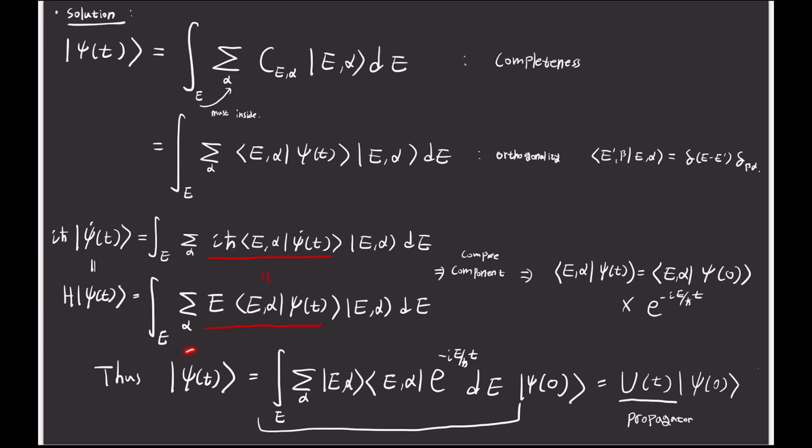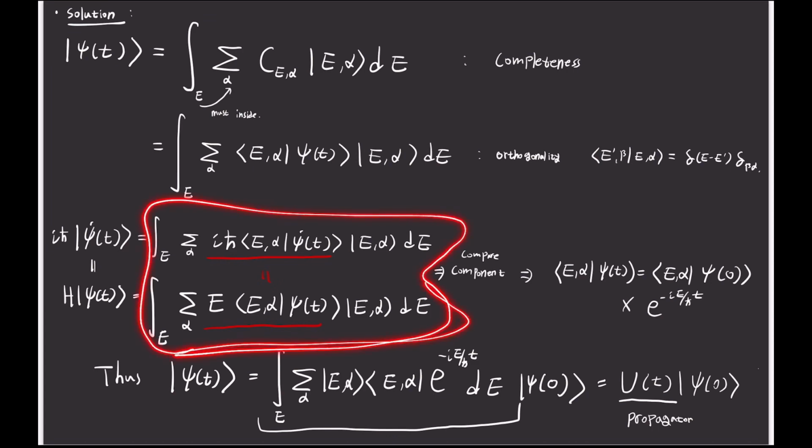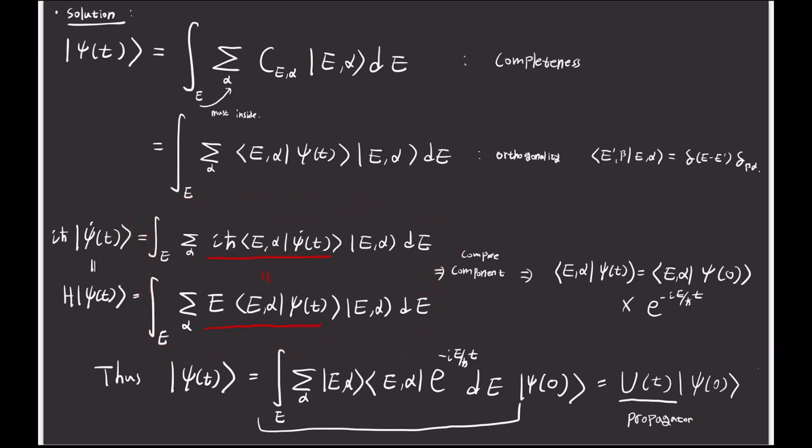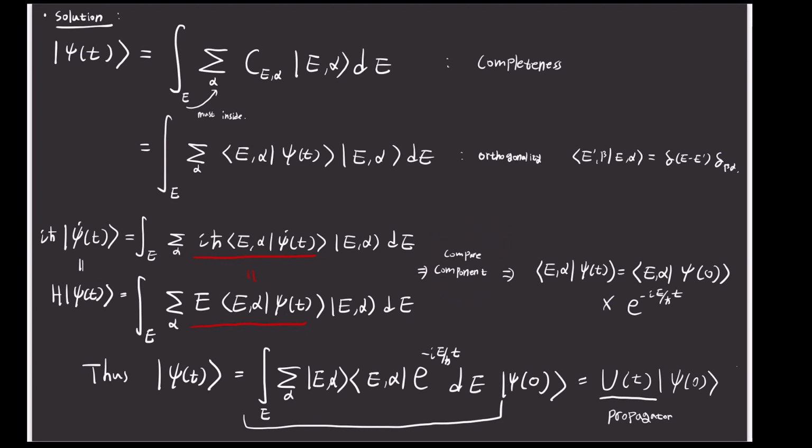Then we can get this equation. And when we solve a vector equation, we just compare components, right? So if we compare components, then we get a first order equation because only time differentiation is in here, right?